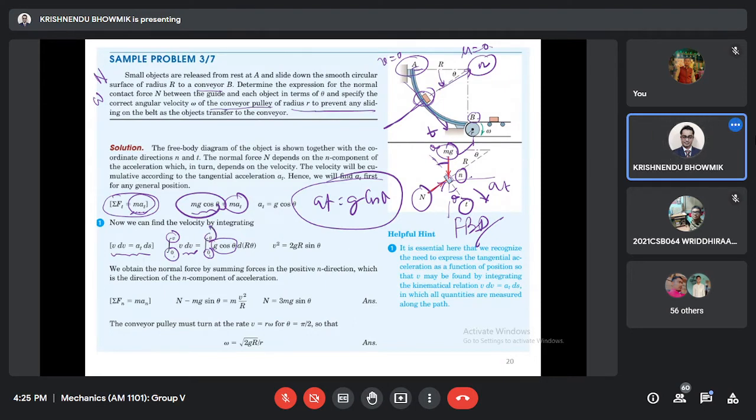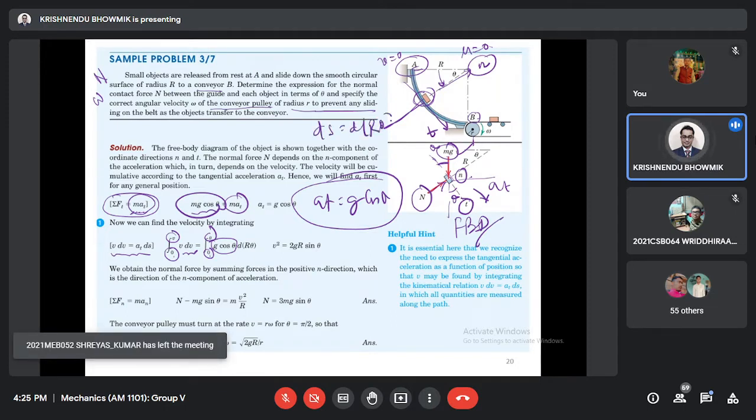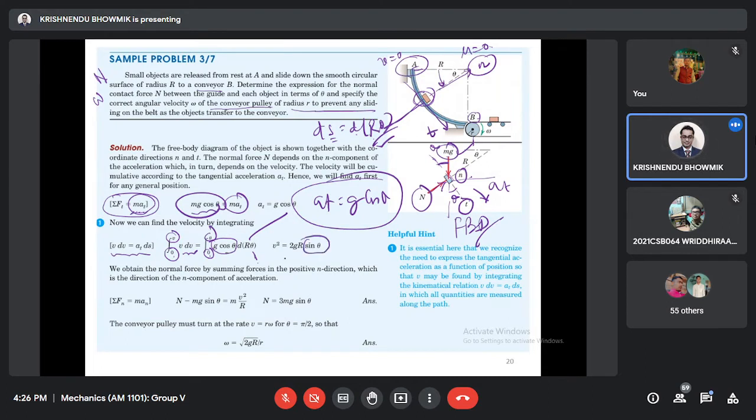What is ds? ds equal to r d theta, since s equals r theta and r is constant, so r comes out and it will be d theta. So cosine d theta will be sine theta. Then it will be v square by 2, which is g times r. Somebody can have v equal to square root of 2 g r sine theta.